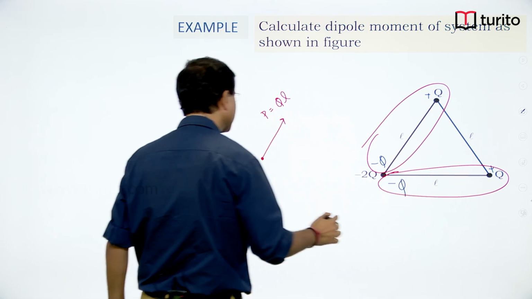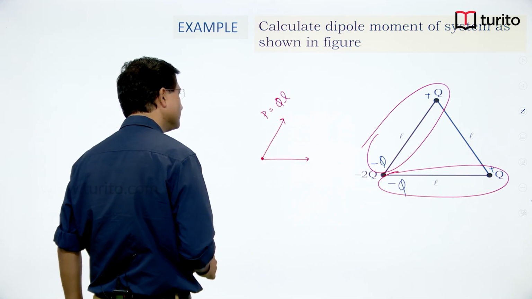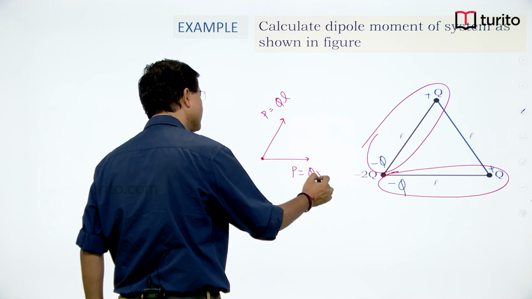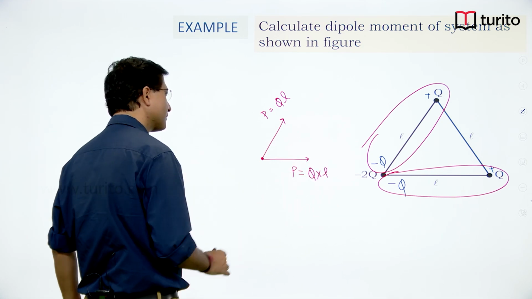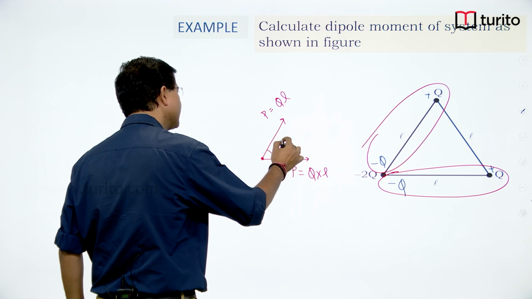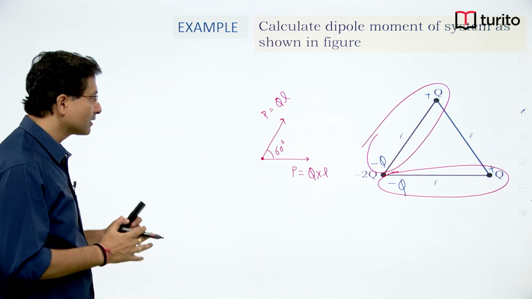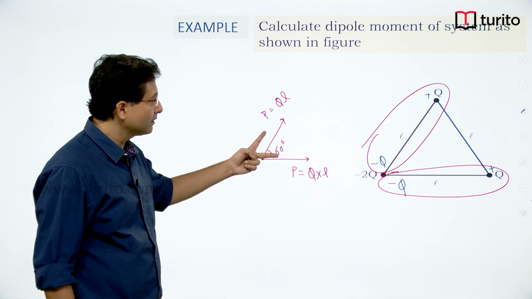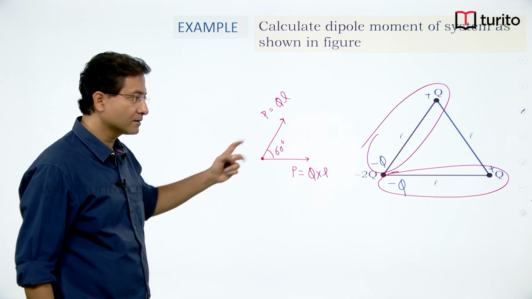Similarly, this can be expressed as charge into separation, magnitude I am writing, and as this angle is 60 degree, if I ask what is the resultant dipole moment, then we can add these two vectors.